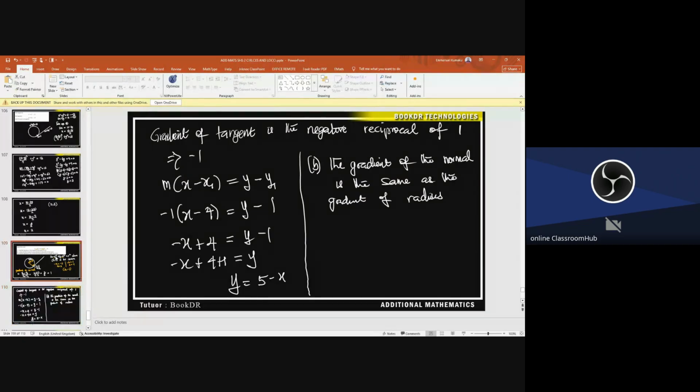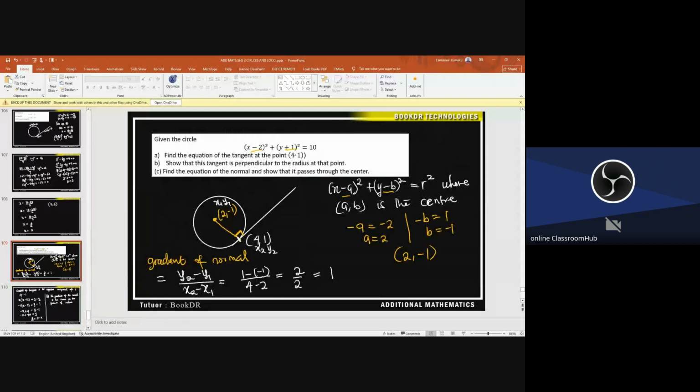The reason being that if you look at the yellow line, which I said is the normal to the circle, it equally is the rest of the circle.